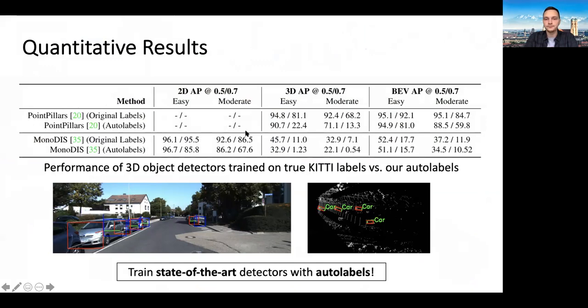And what we found is that the performance is actually very good, especially when you talk about the less strict metrics with the intersection over union of 0.5. And you can get really, really good estimates here, basically saying that you can pretty much use our auto labels and train the algorithms, and you're still going to get a very, very good performance comparable to many other state-of-the-art algorithms.